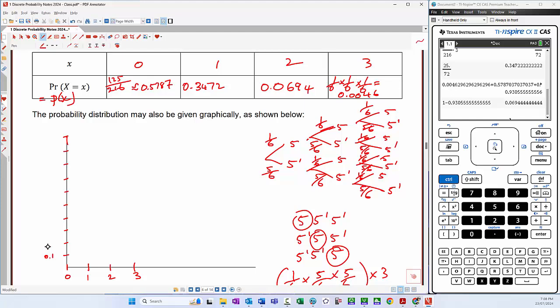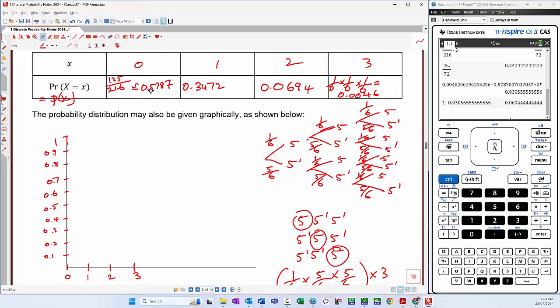Okay, so that's 0.1, 0.2, 0.3, and 1. All right, we really didn't need to go that high actually because really the highest probability is 0.6, but anyway, it doesn't matter.